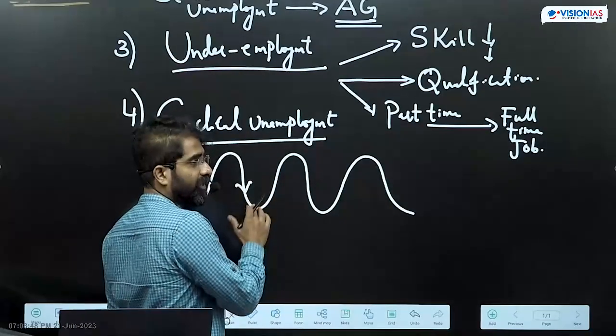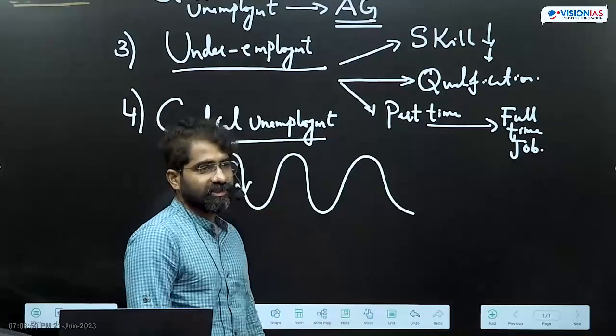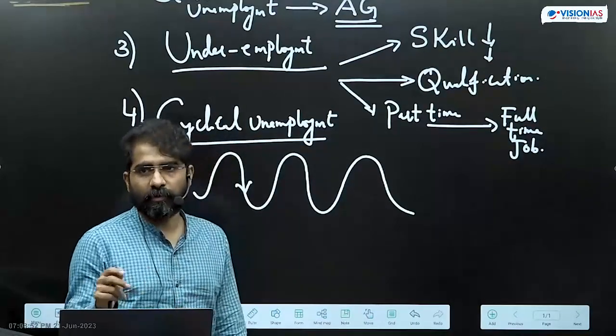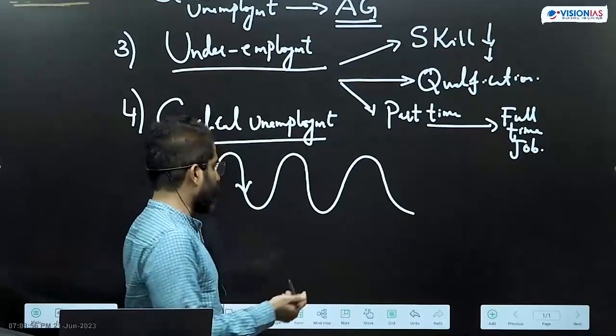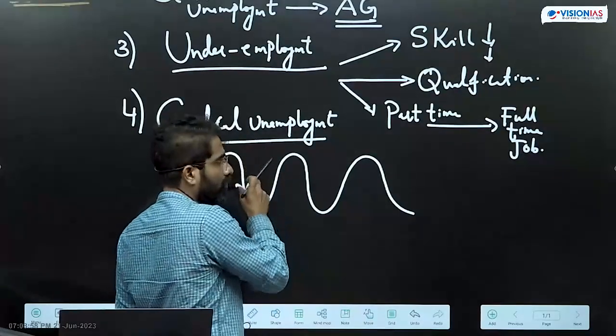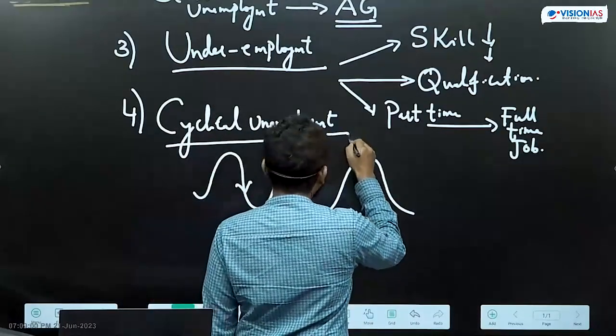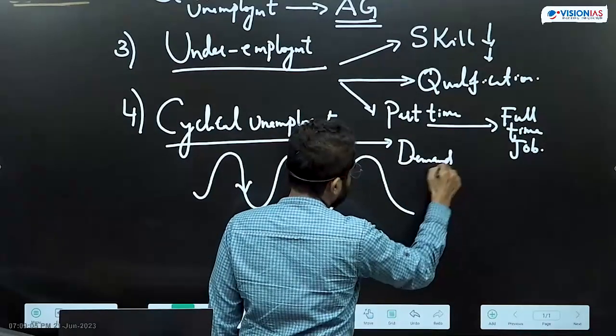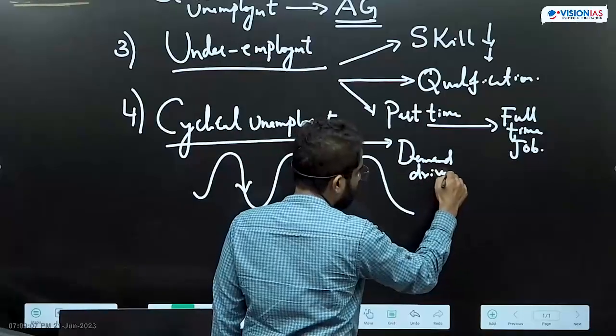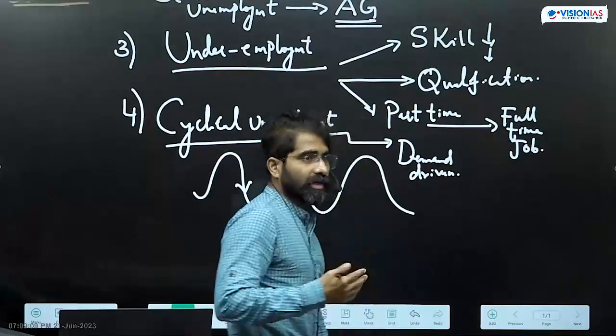There is a situation of recession, that is, negative growth rate for more than 2 quarters, or during depression. There is a problem with respect to growth. This unemployment can also be seen as demand-driven unemployment. There is no demand in the economy.